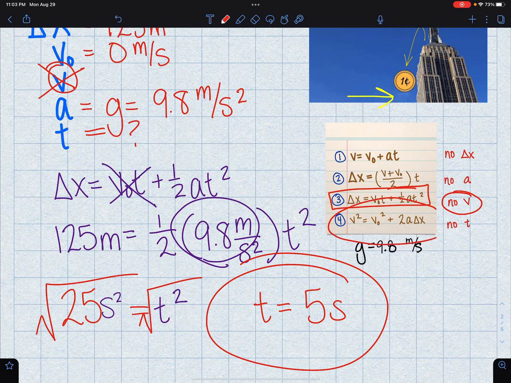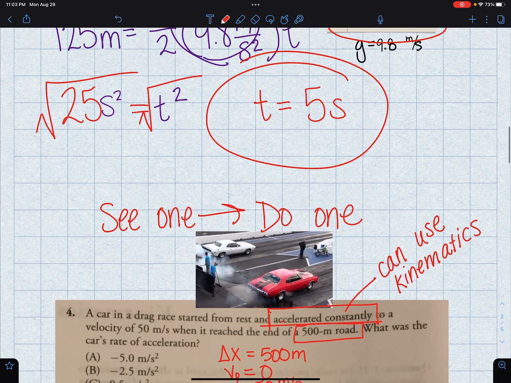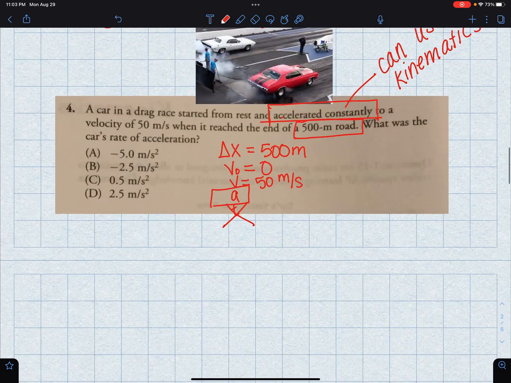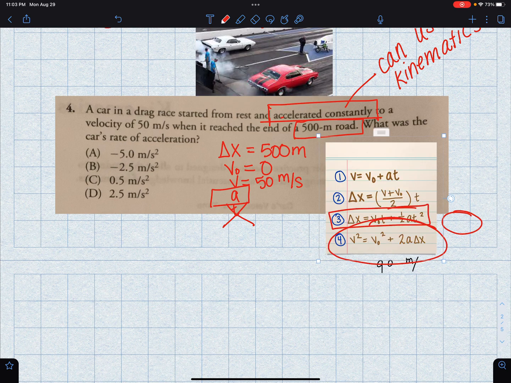This one, number 4, is the one that we're going to use when we don't know anything about time. I'm going to copy this and bring it down here. I'm going to use my little cheat sheet. I made my cheat sheet a little dirty, but it's okay. So we are going to use equation 4 because we don't know anything about time.